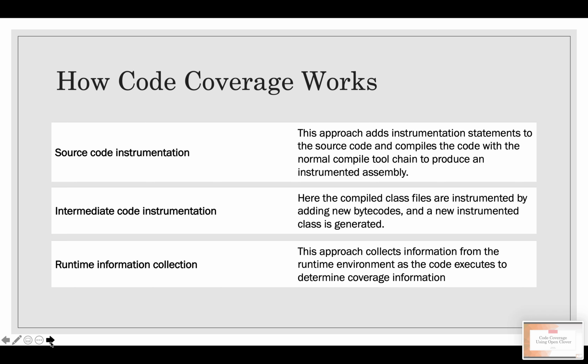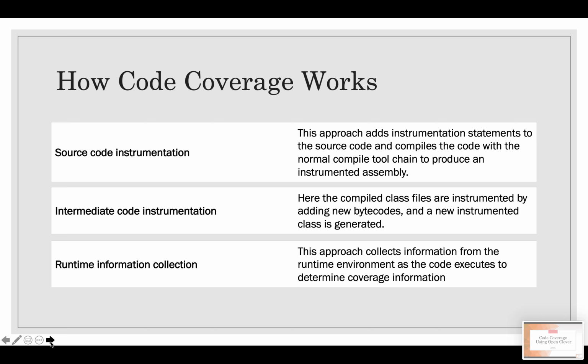The other way how code coverage works, you can use intermediate code instruments. Here, the compiled class files are instrumented by adding new bytecodes, and a new instrumented class is generated. That is another way how you can do code instrumentation. Runtime information collection.